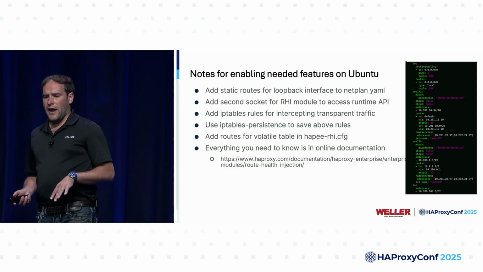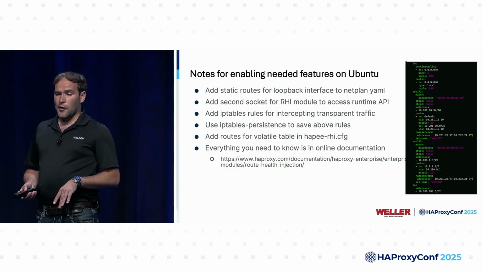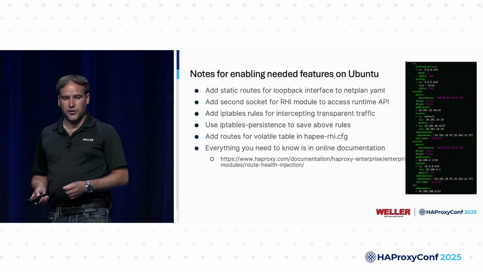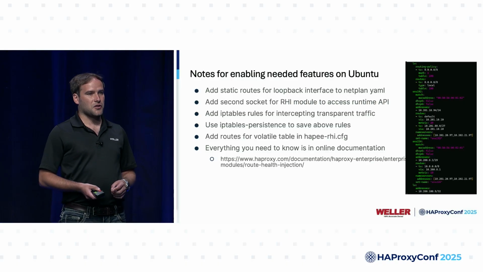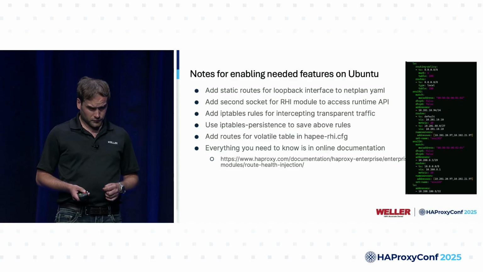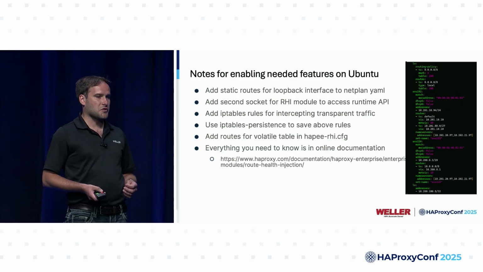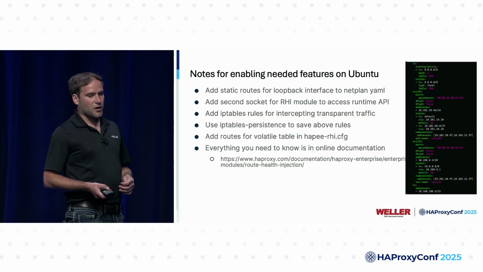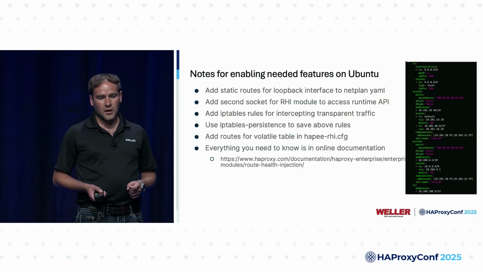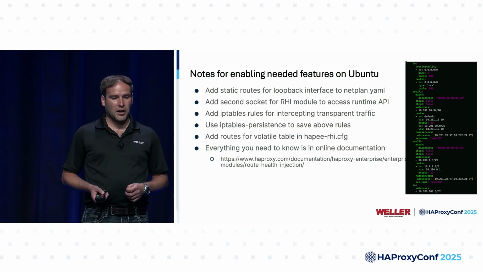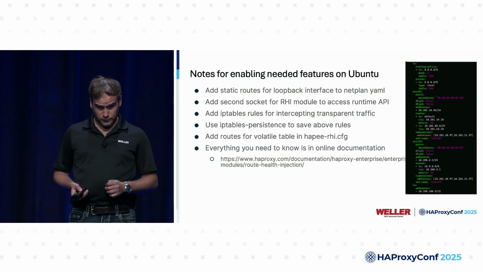You have to also add another socket, which you could put right in your global config of HAProxy, for the RHI module to access your runtime API. And then you have to make some rules to intercept that traffic because the operating system doesn't have an IP address on any of those interfaces when you have transparent IP addresses on your front ends.